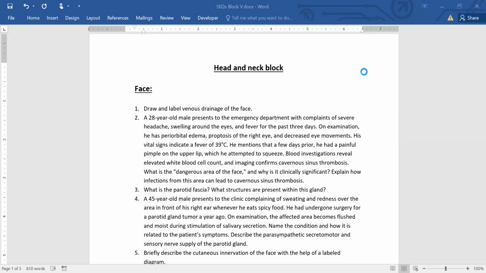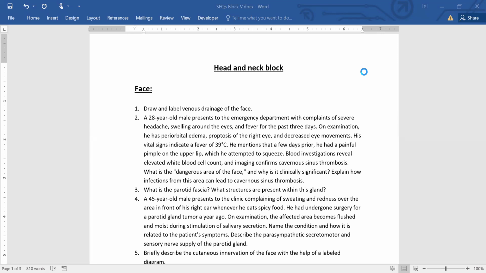Another important question from the venous drainage of the face is a scenario based question. A 28-year-old male presents to the emergency department with complaints of severe headache, swelling around the eyes, and fever for the past 3 days. On examination, he has periorbital edema, proptosis of the right eye, and decreased eye movements.